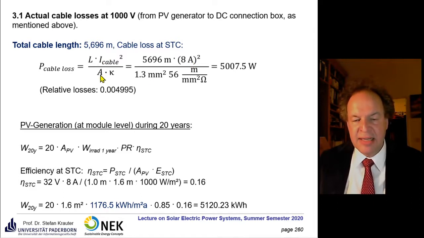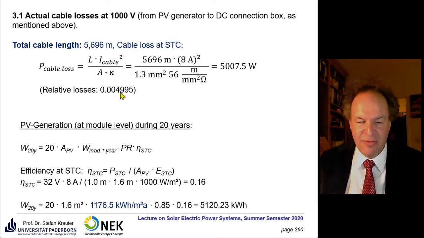And the diameter we calculated, 1.3 square millimeters. The conductivity is the same. So we have here a loss of about 5 kilowatt. In relative terms, the losses are 0.00499995. We wanted to have less than 0.5%. That's correct.